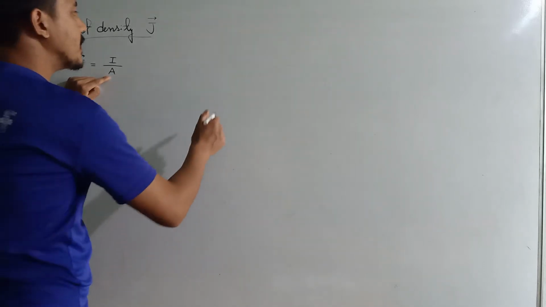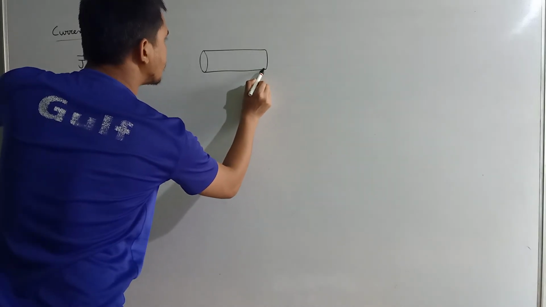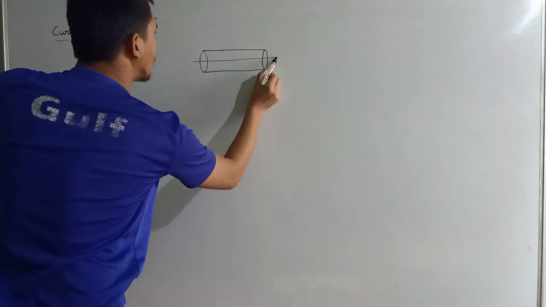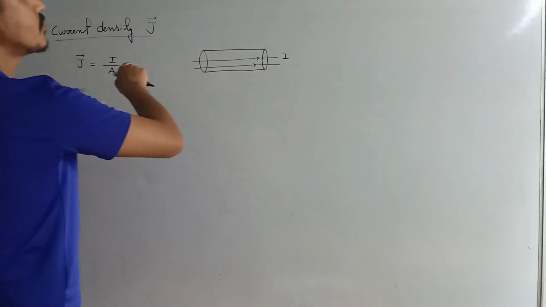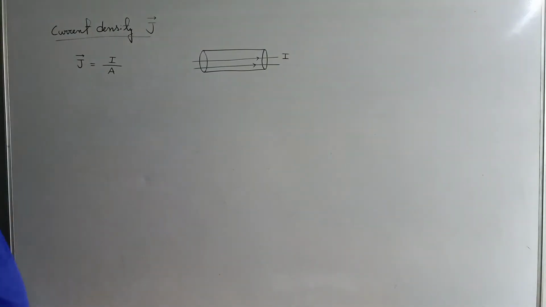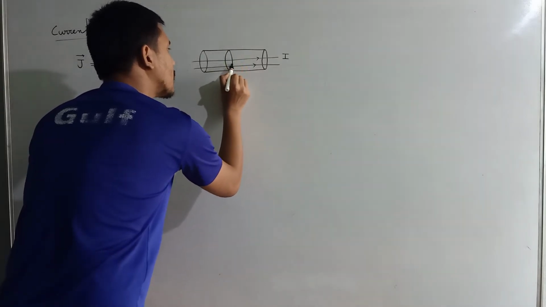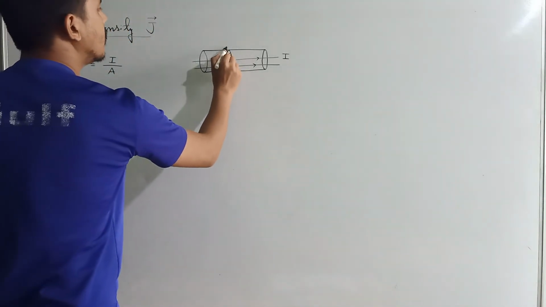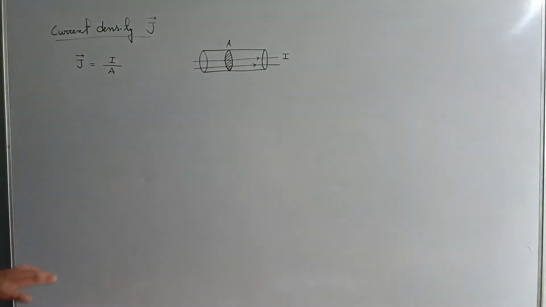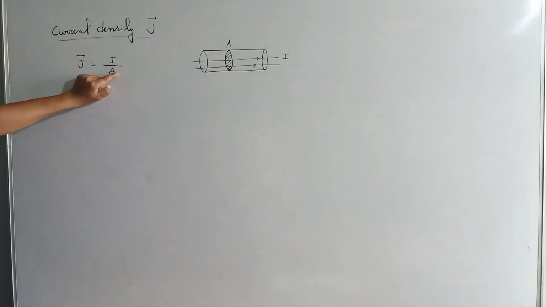In order to understand this, I'm going to consider a conductor. Suppose this is a conductor in which a current flows in this direction. Now let me consider a small cross section of this conductor, of area A. Then the current density will be given by the ratio of the current to this area of cross section.